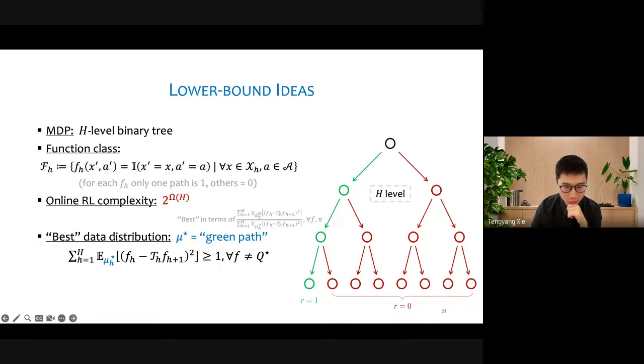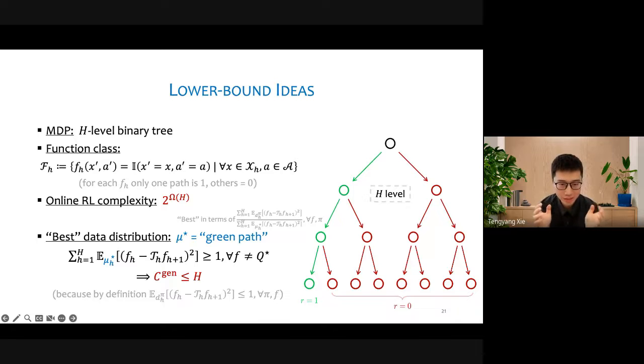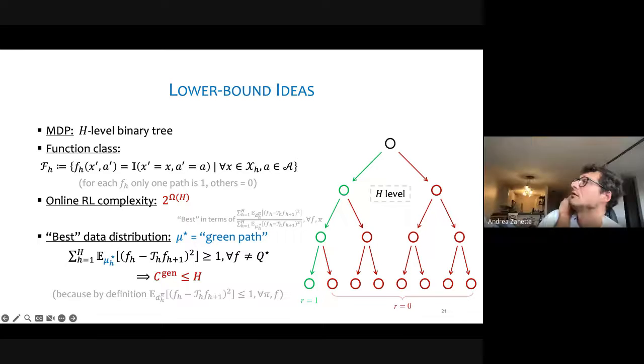However, since it has reward 1 in the end, this implies the error will be at least 1. On the other hand, since we only have h levels in total, the max possible Bellman error is at most h, as that is at most 1 for each level. Therefore, we can show Cgen in this case is actually h, but it has exponential complexity for online reinforcement learning. Okay.